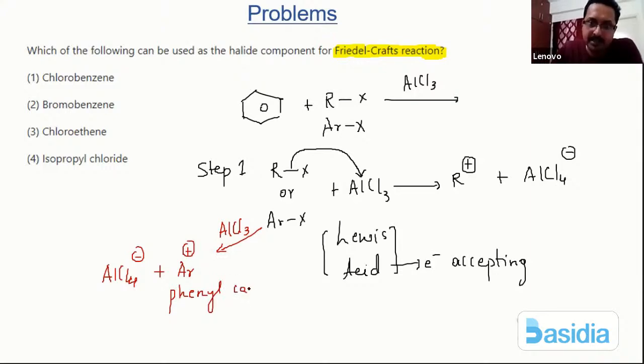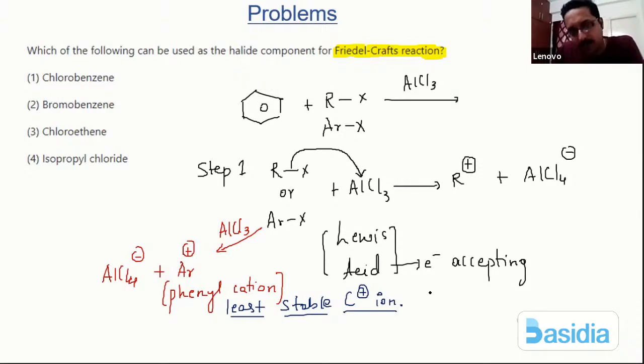Now, if you check the stability order of the carbocations, the phenyl cation falls in the category of least stable carbocation. Along with the phenyl cation, there is also one more category, that is the vinyl carbocation. He is also the least stable.